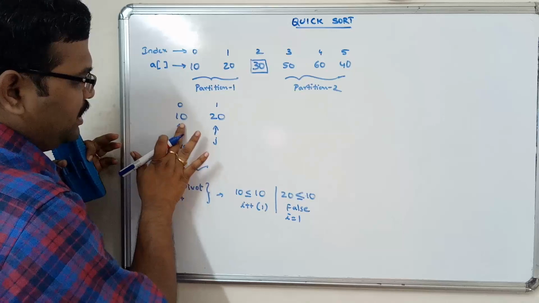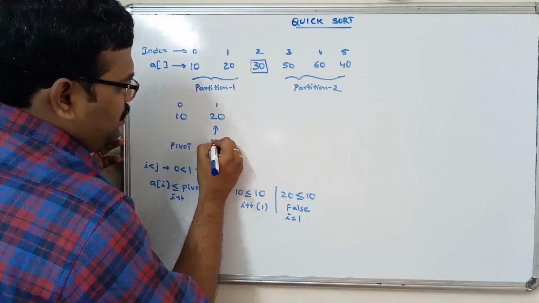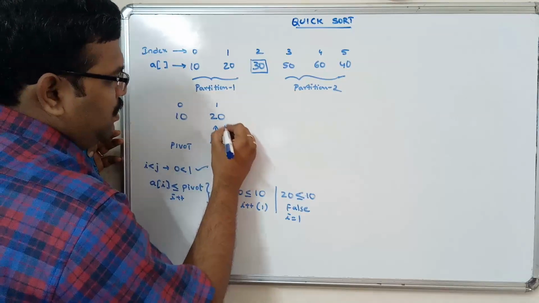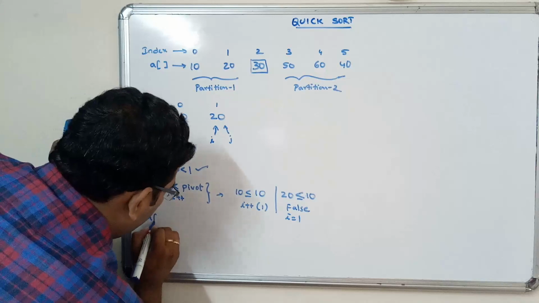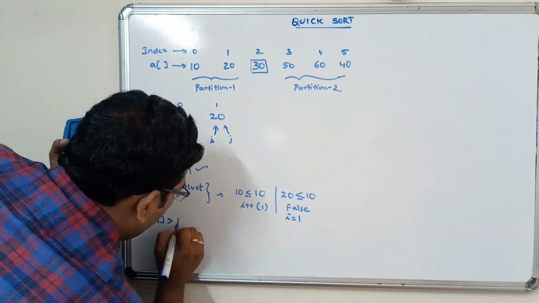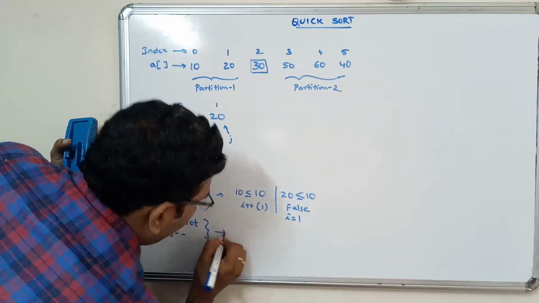So I value is changed from here to here, okay. Next, A of J greater than pivot, we have to keep on decrementing the J value.